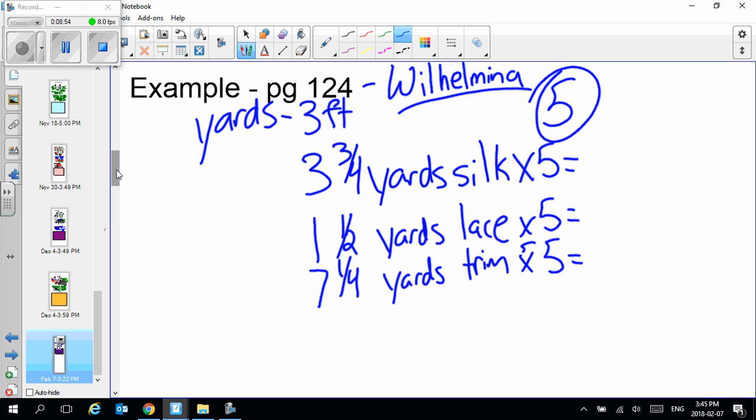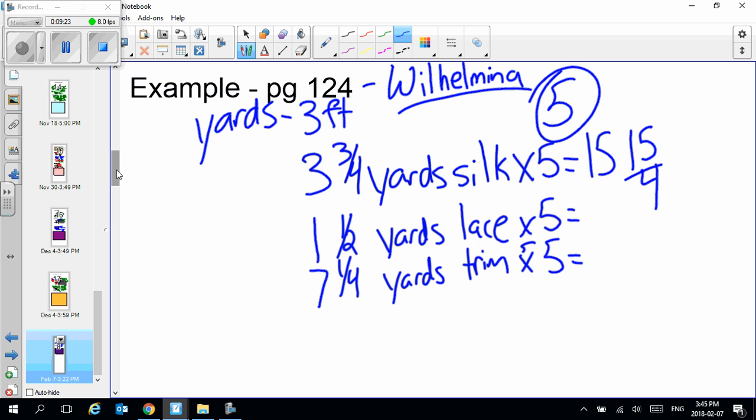Okay. So I have 3 3/4 of a yard, so I multiply it by 5. What I get is, right off the bat, I'm going to get 15, and I'm also going to get 15 over 4.